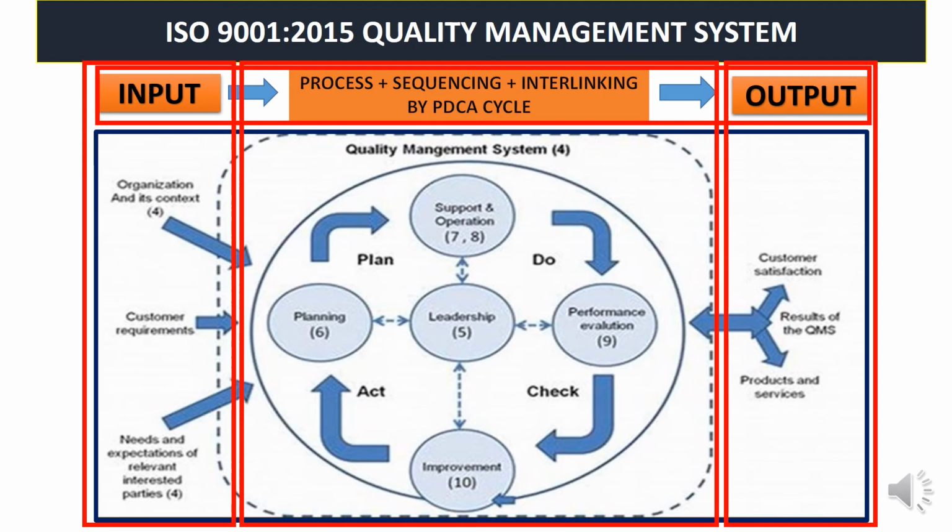Then we check the performance in clause number 9, which in the PDCA cycle is check, where we check the output, and if there are any issues we do the improvement in clause number 10, which is act. So after all these clauses are implemented in the organization, what output are we getting as per this standard? The output first is customer satisfaction, second is results from the QMS, and products and services for which the organization runs.